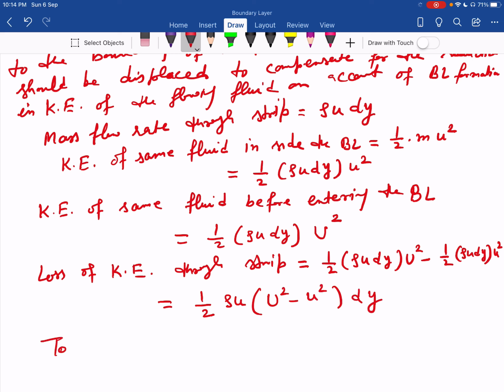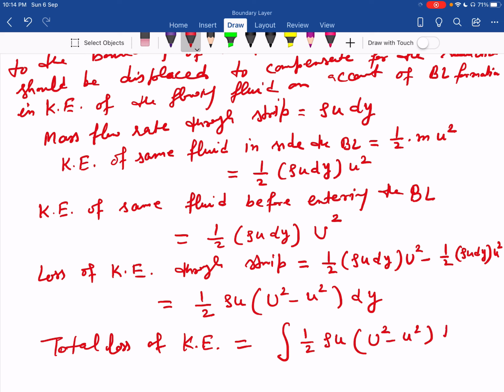So now you can write the total loss of kinetic energy, that is the integration of 1 by 2 rho u (U square minus u square) dy, y varies from 0 to delta. That is equation number 1.